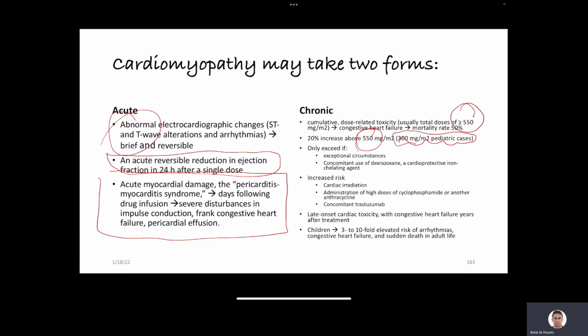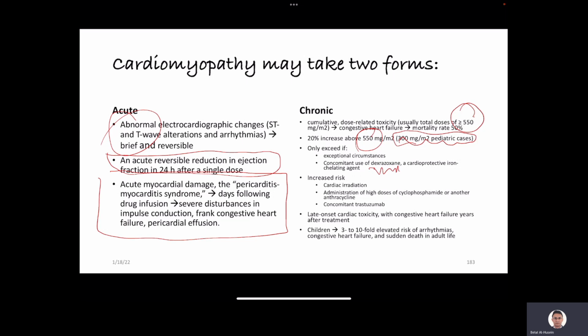Of course, those numbers differ from one reference to the other. Now, you can exceed that if you co-administer an antidote for the cardiac toxicity, which is dexrazoxane.